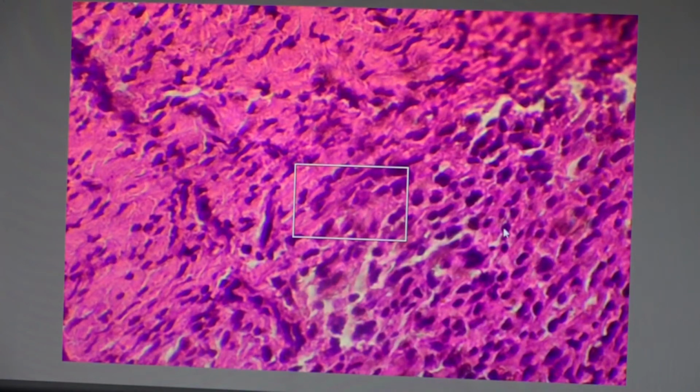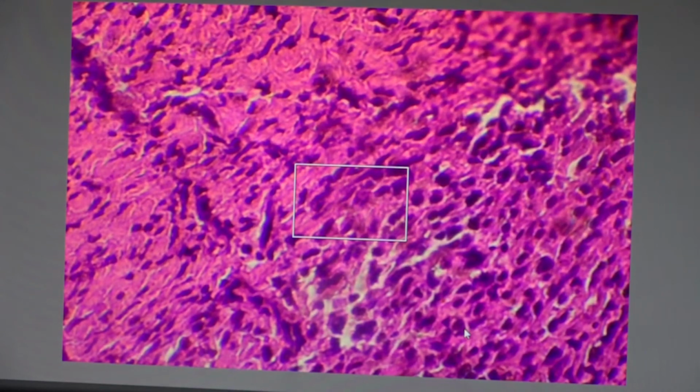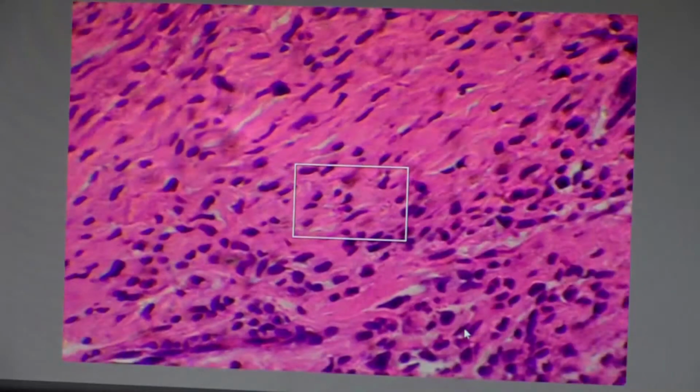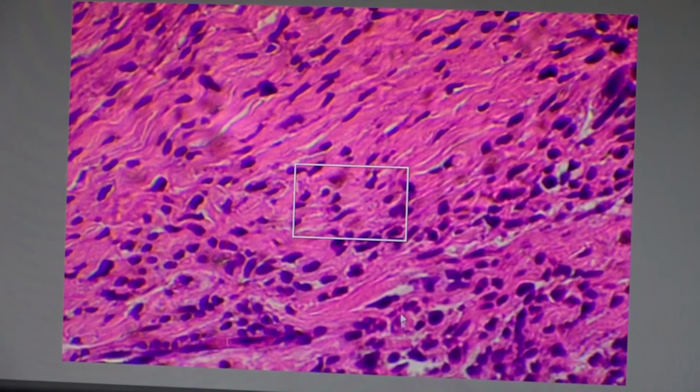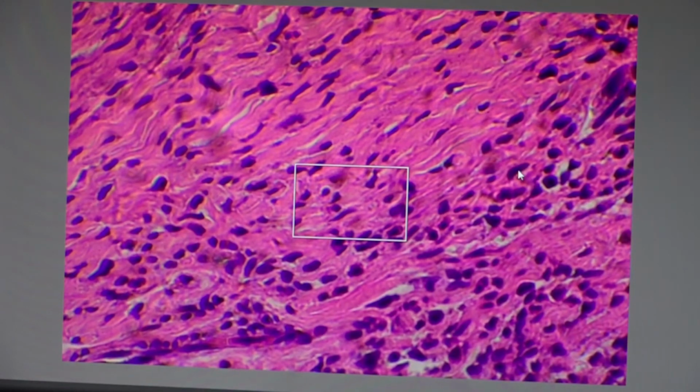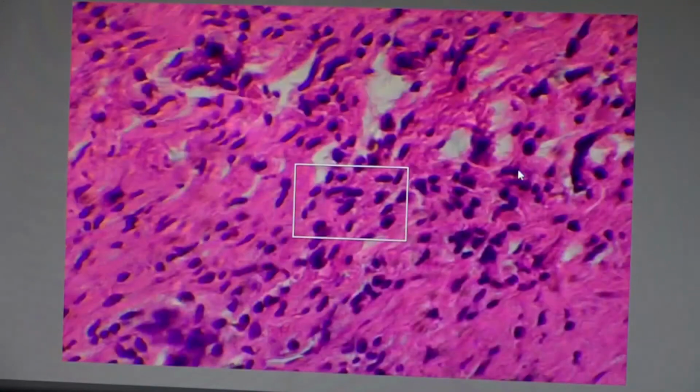Lymphocytes are the small dark cells, then plasma cells, and these are the largest ones, histiocytes. These inflammatory cells are chronic inflammatory cells. These cells also are lymphocytes and histiocytes, infiltrating the stroma.